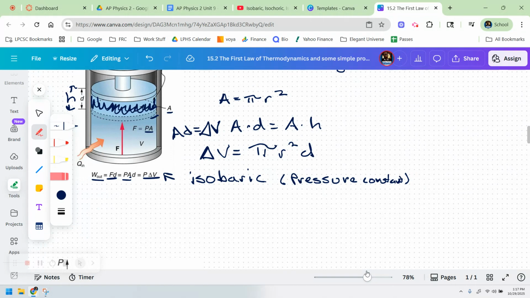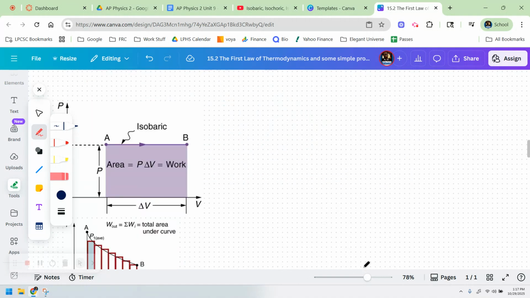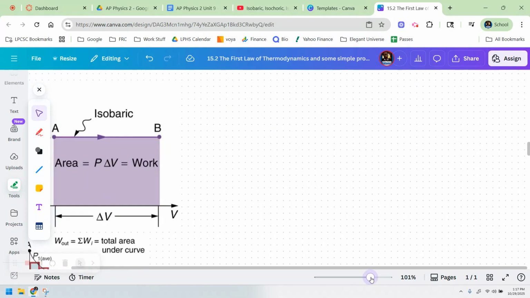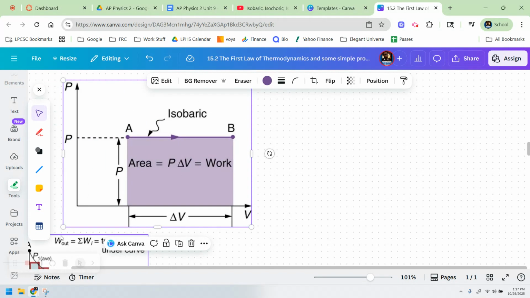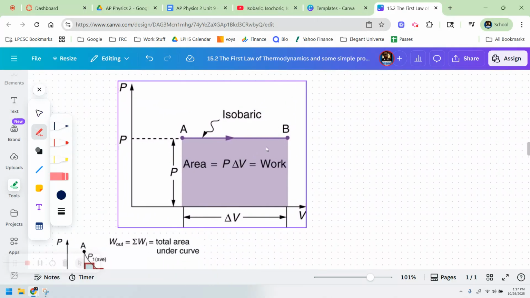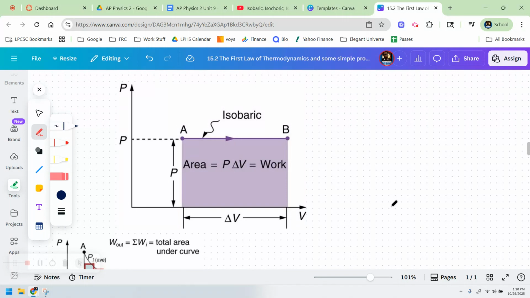Okay, so what does that mean? Well, if I look at the graph of the pressure versus volume in this particular case, the work is the area under the curve, right?